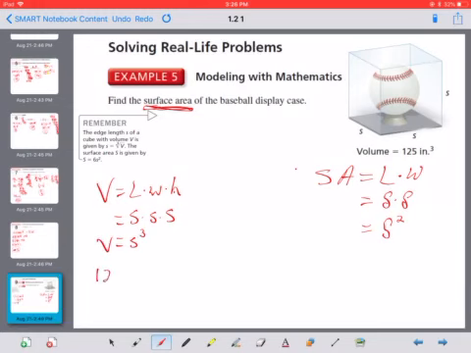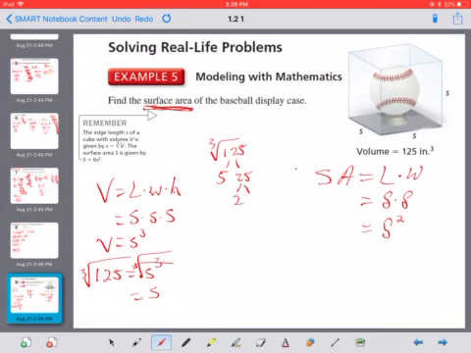That's what volume is. So if I know the volume is 125, and I want to know the sides, the cube root of s cubed is s, the side length. And then we've got to break down 125. 5 times, let's see, 100 has 4 25s, 125 has 5 25s.